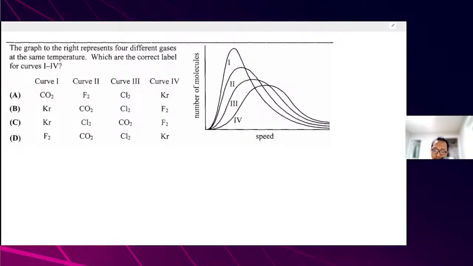The question is a graph representing 4 different gases at the same temperature. The lighter gases move faster, then the heavier.